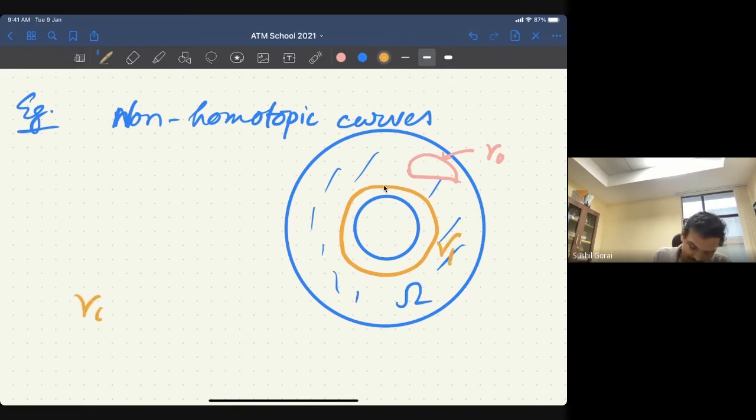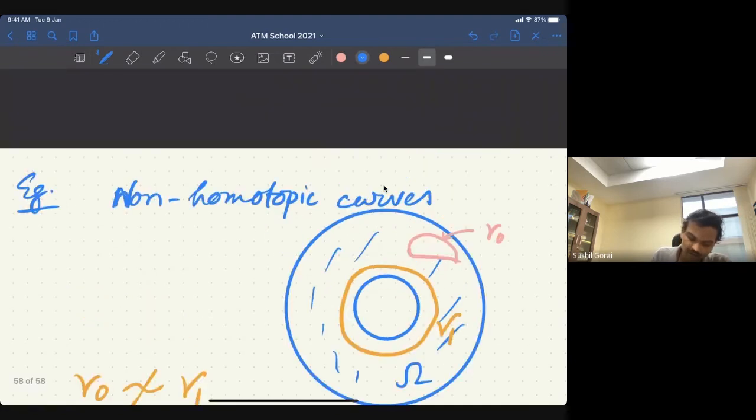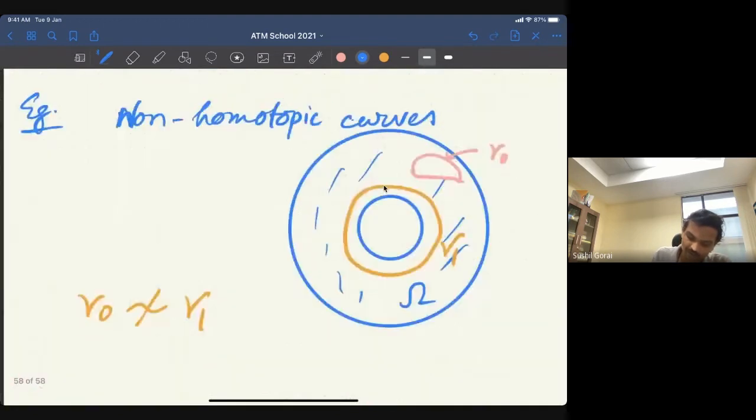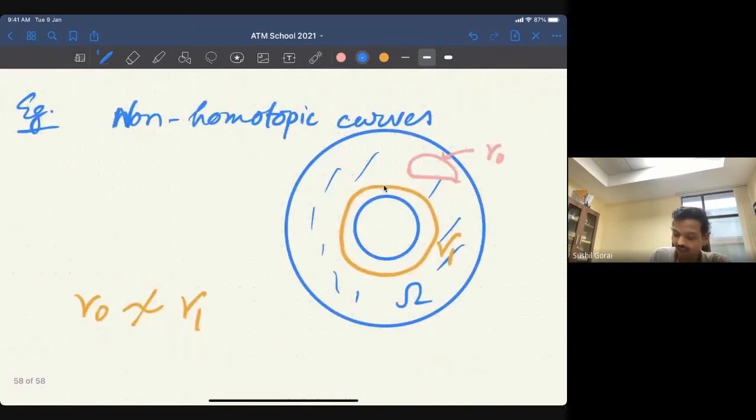So gamma naught is not homotopic to gamma 1. Why? Because by the previous argument, this homotopy gives you that this one is homotopic to constant.